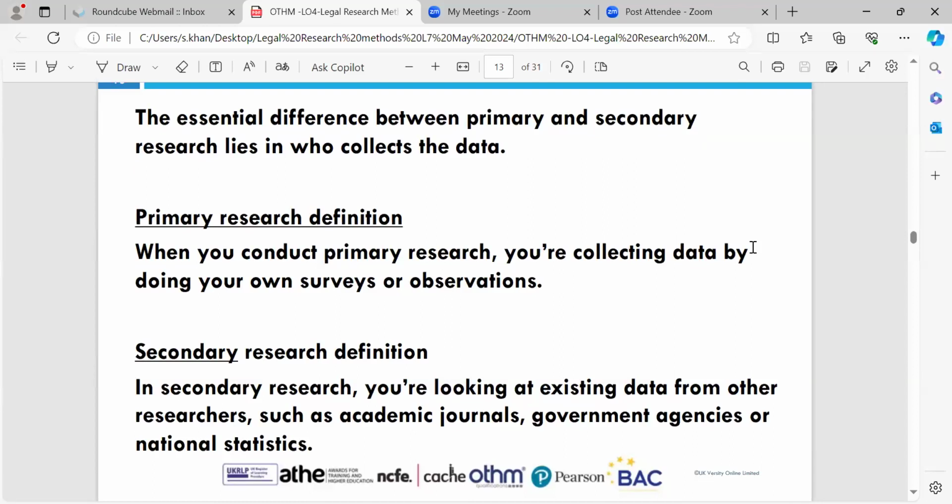So the essential difference between primary and secondary research lies in who collects the data. When conducting primary research, you're collecting data by doing your own surveys or observation. In secondary research, you're looking at existing data from academic sources, journals, and national statistics, and identifying that in regards to any data that is needed.